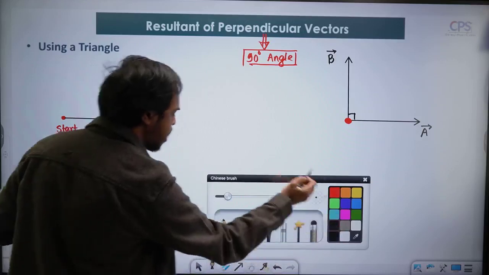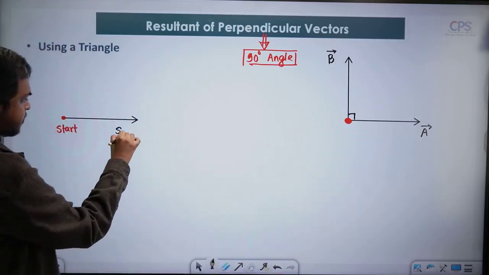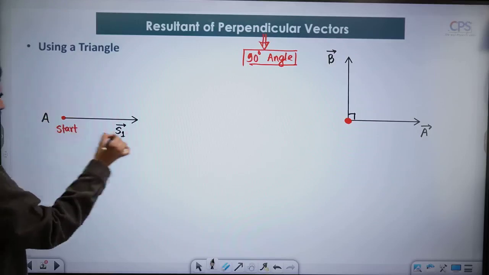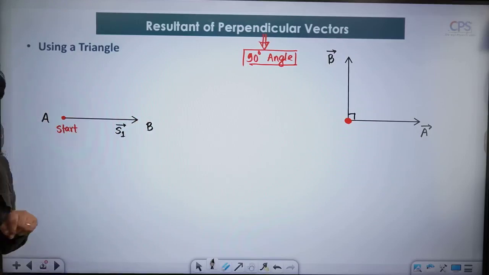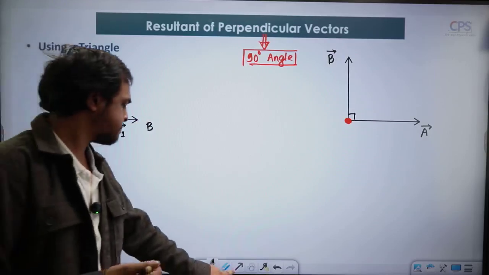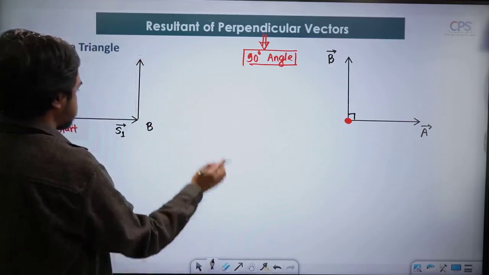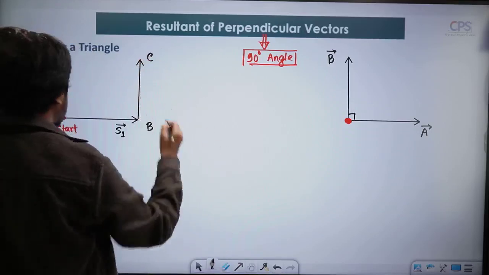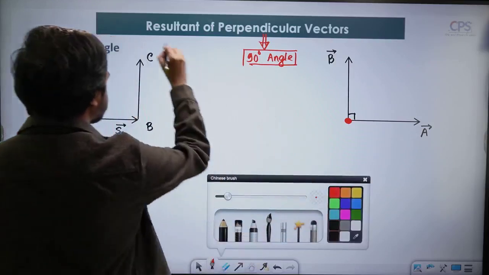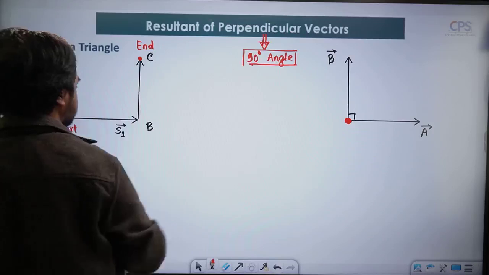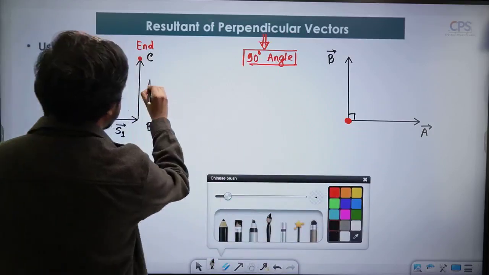Let me call it S1 vector, as displacements are vector quantities. So from A you go to B, and then from B you go to C. Okay? So you go to C, and this is the ending point. Let me call this S2 vector.